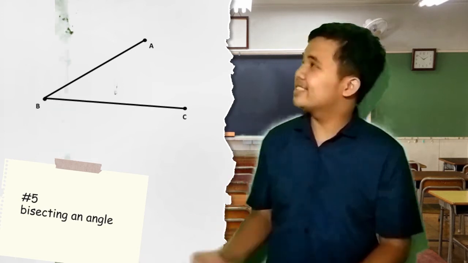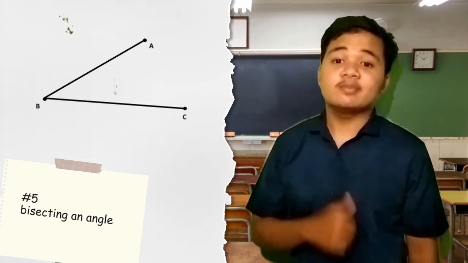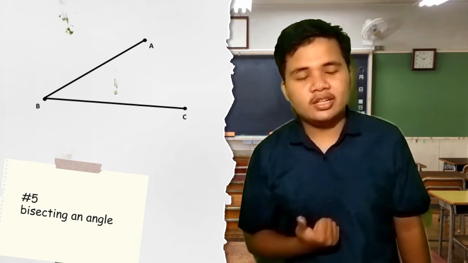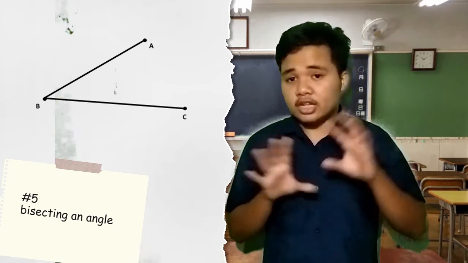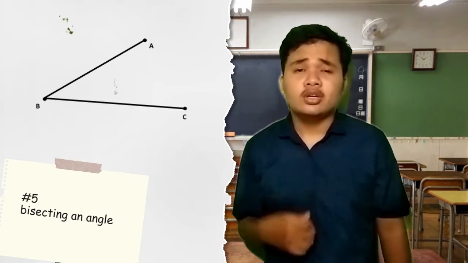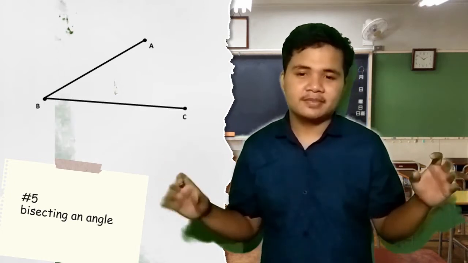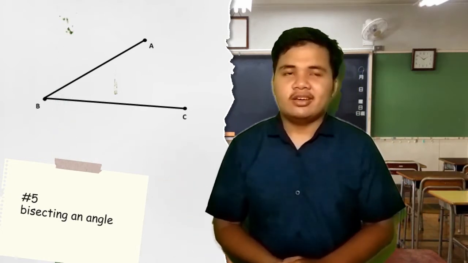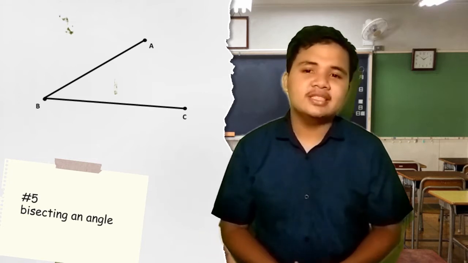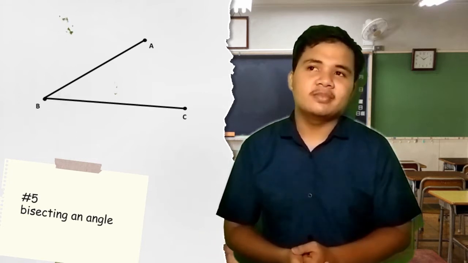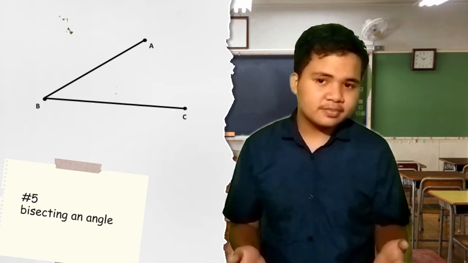To make this construction, we will need some tools. First, a straightedge, or a ruler, and also a compass. If you don't have a compass, you can use a half circle.